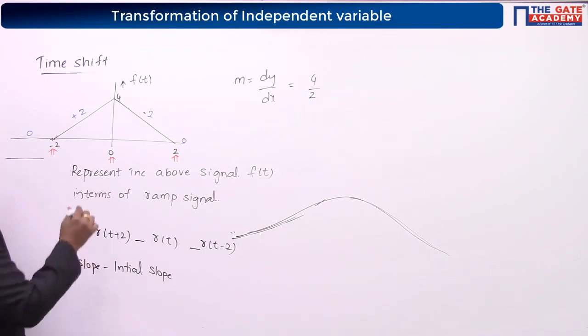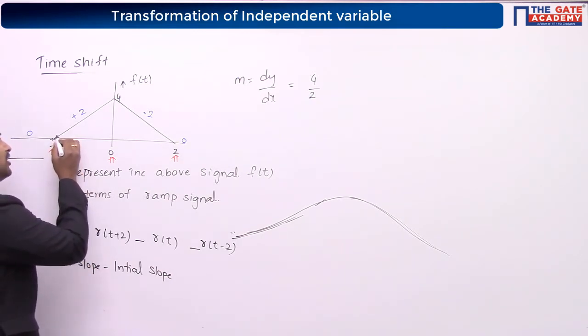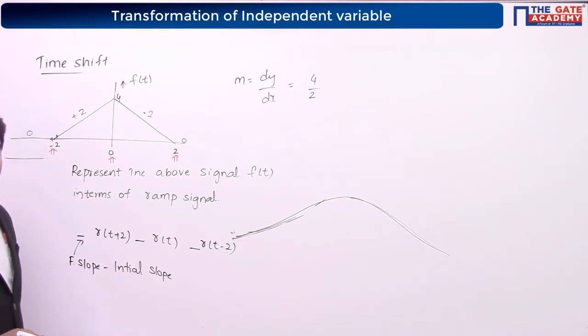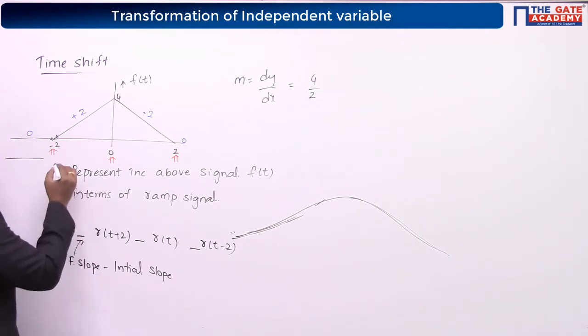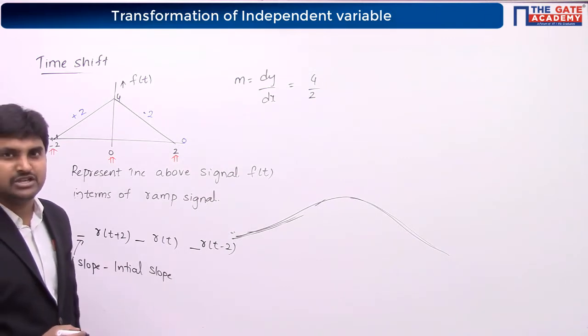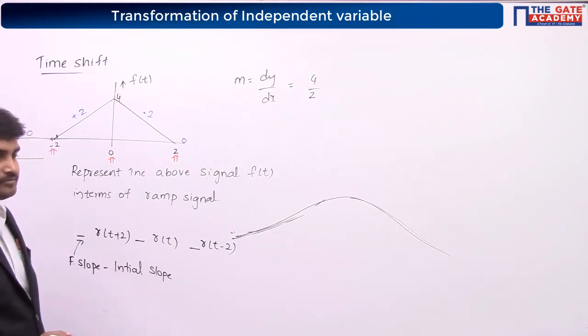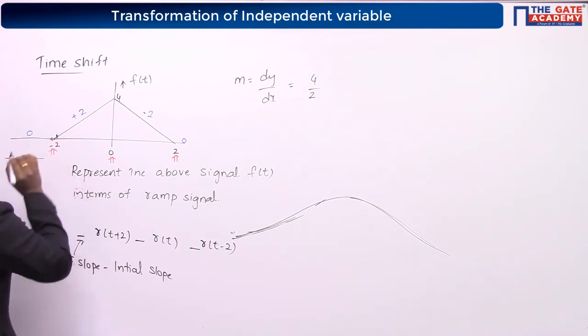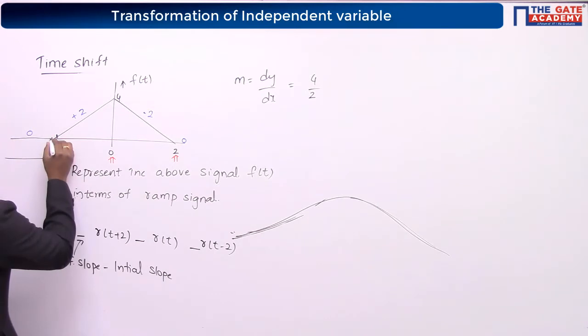Please be attentive here, I am not looking at the amplitude, I am looking at the slope. What is the slope after crossing t equal to minus 2? After crossing t is equal to minus 2, the slope is plus 2, which is the final slope. The initial slope is 0.